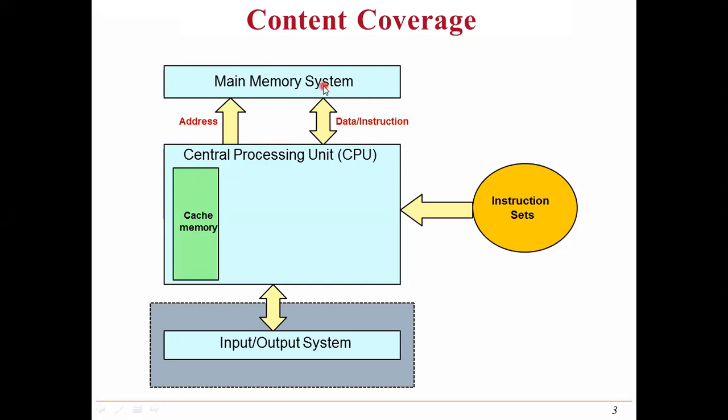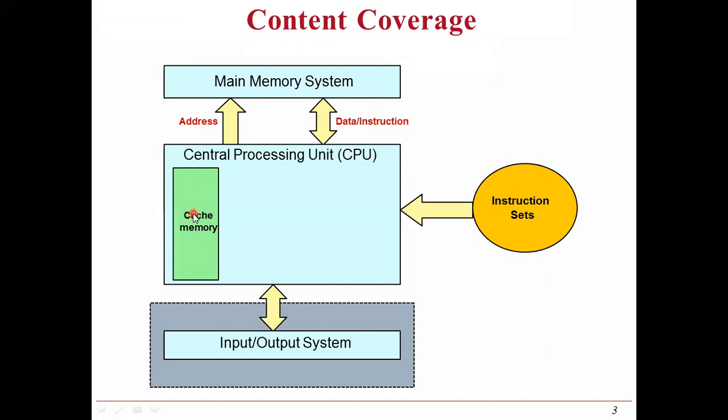Suppose if we want to retrieve the same instructions repeatedly, then that type of instructions are stored in this cache memory. Whenever we want the instructions repeatedly, we take the instructions from this cache memory only.